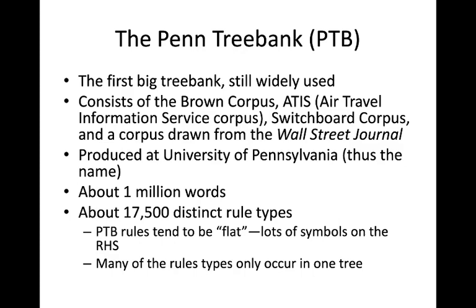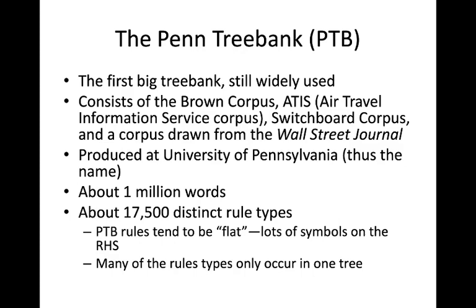It was produced at the University of Pennsylvania, which is why it's called the Penn Treebank. It's only about 1 million words, which might not seem very big, but for a treebank, it is pretty big. It has 17,500 distinct rule types.